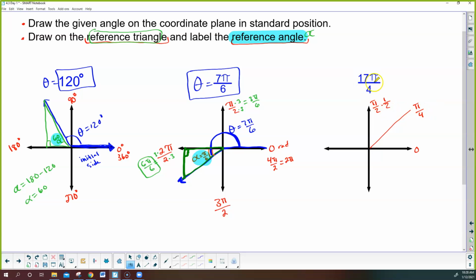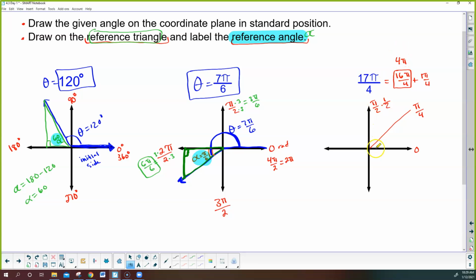Now, what if I go 17 of those? Well, here's the way I think of this. 17 pi over 4 is really the same as 16 pi over 4 plus 1 pi over 4. But isn't 16 pi over 4, if I divide those, 4 pi?